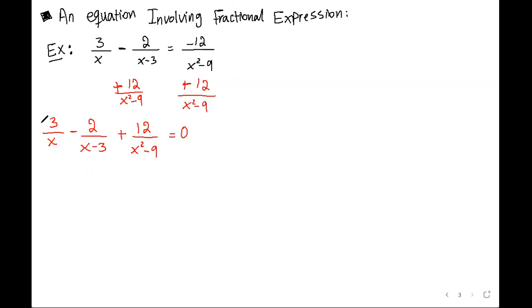So again, I have to find the least common denominator for these two.